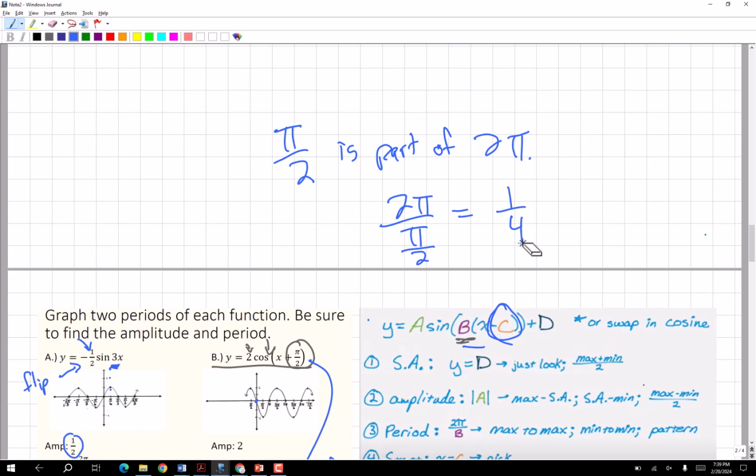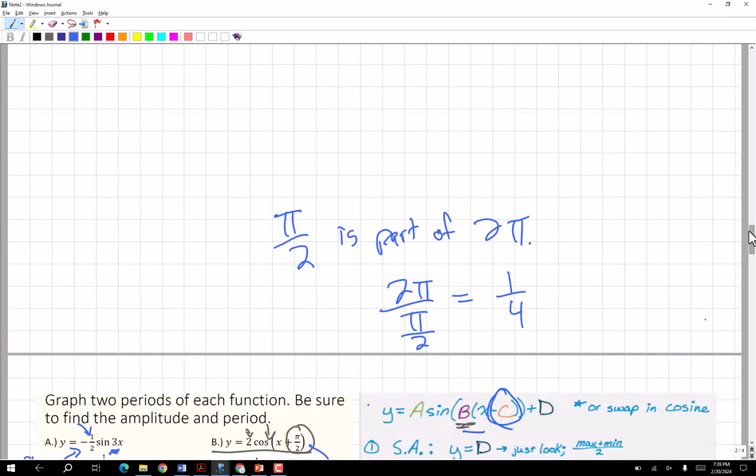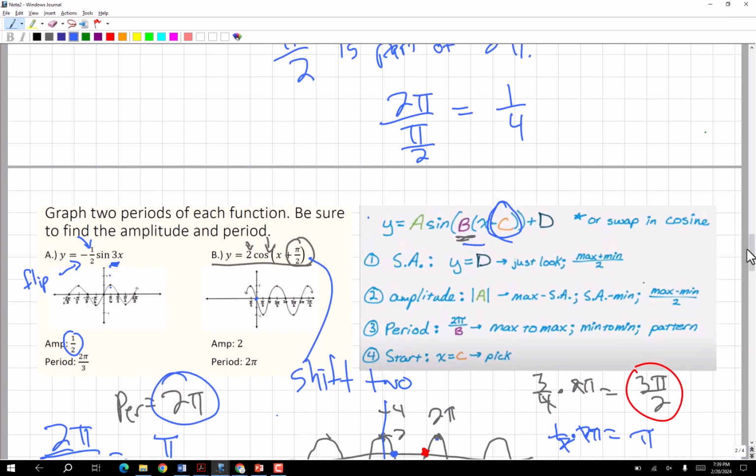Okay? So that means it's going to shift. I'm not sure that's right. Nope, I get 1/2. Or I get 2. Right. It's going to equal 2 segments. What do I mean by 2 segments?